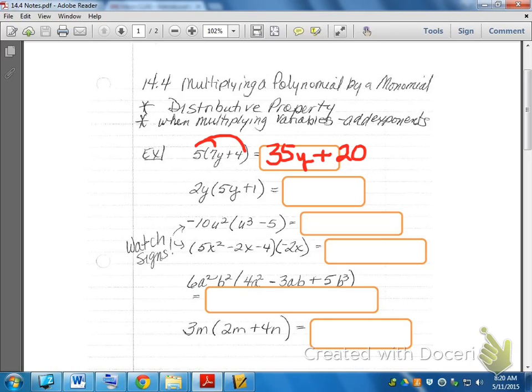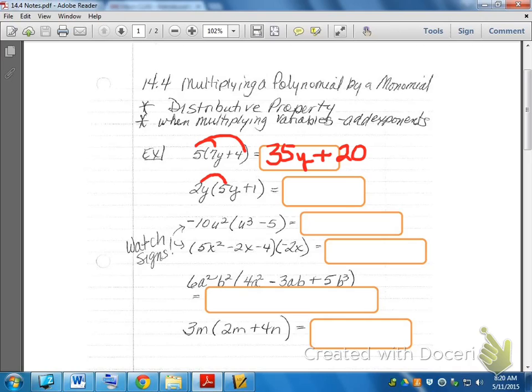Now, each one of these I'm going to add something a little different for the example. So the next one has a variable out in front, so that changes it just slightly. We have to take 2y and distribute it through 5y plus 1.